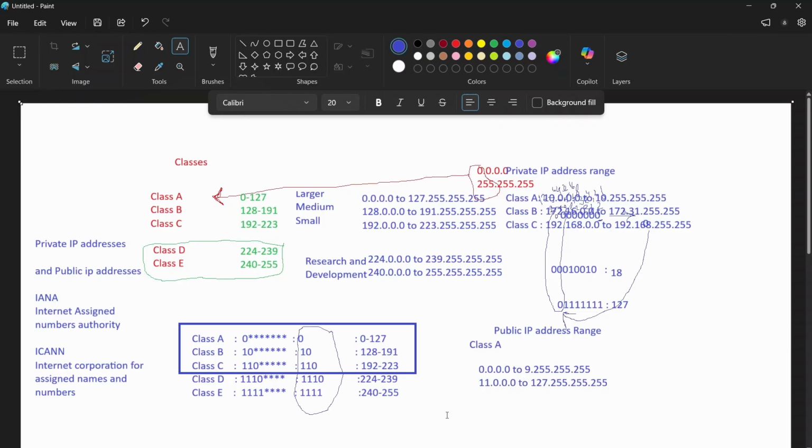Class B, now you can tell me. For class B, you have to exclude 172.16.0.0 to 172.31.255.255.